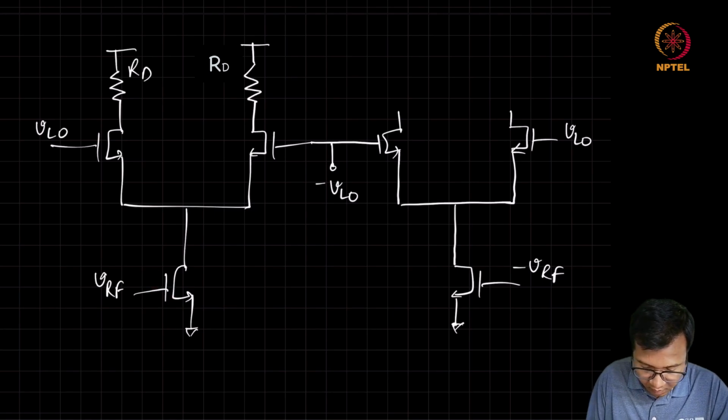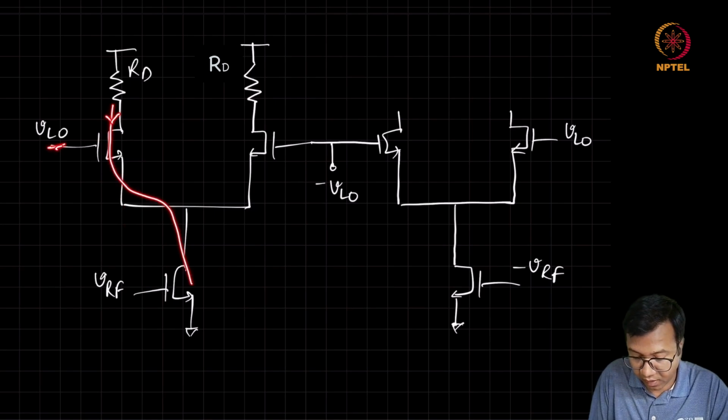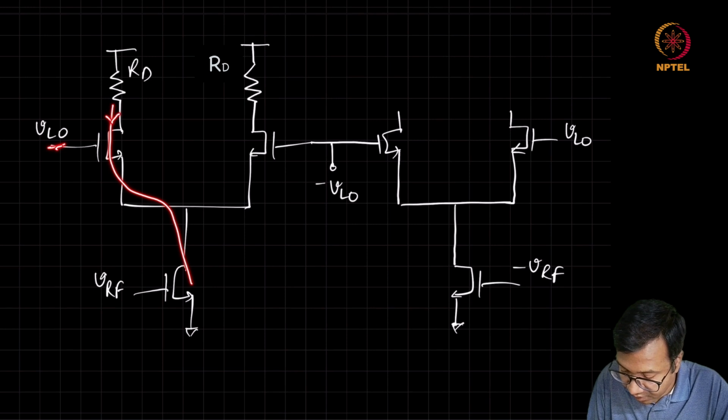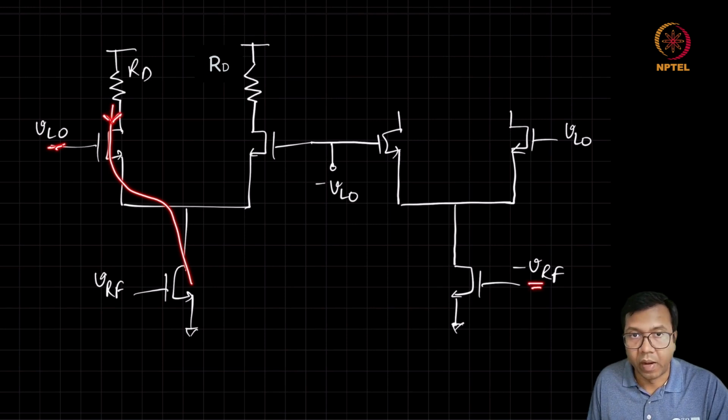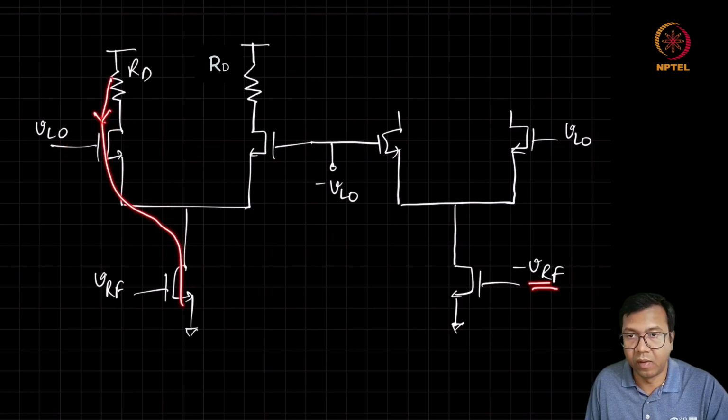So when this VRF is applied and LO is on, signal goes in this manner, IRF. We can see that since we also have access to minus VRF, this minus VRF is going to create a signal in the opposite direction.